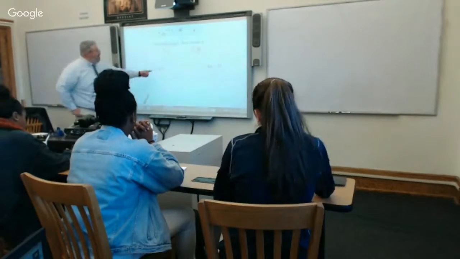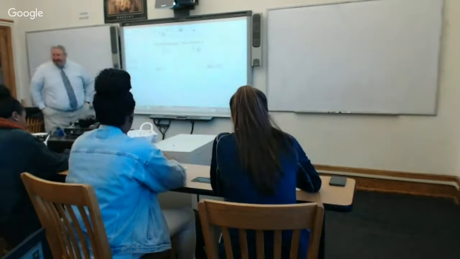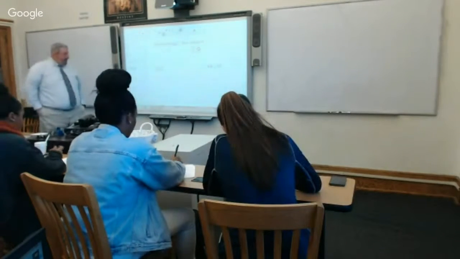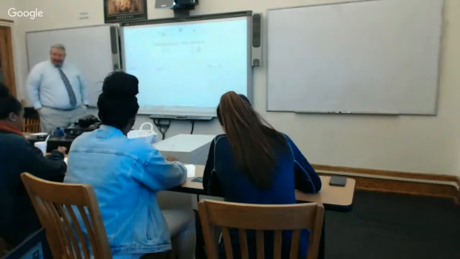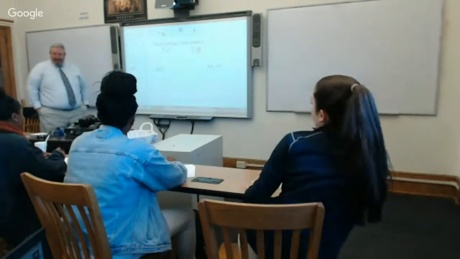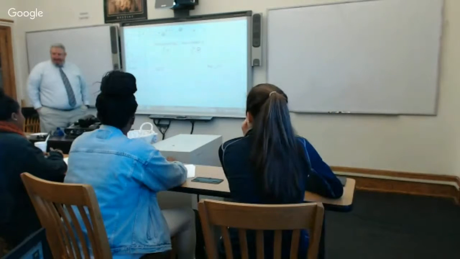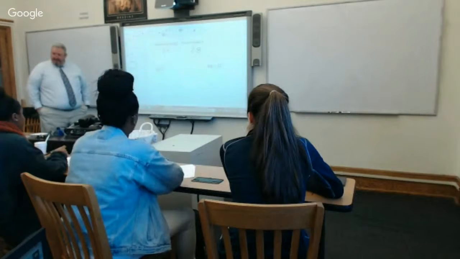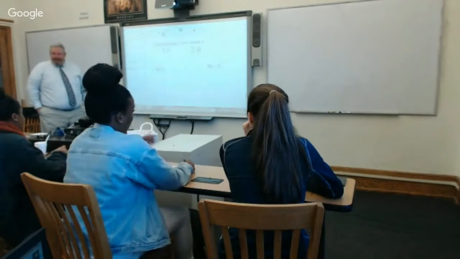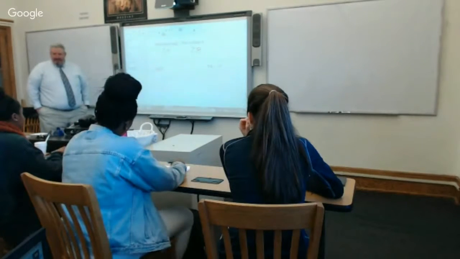Okay? Where do you think this one's going to be? 4 cubed is 64. So between 3 and 4, closer to 3.